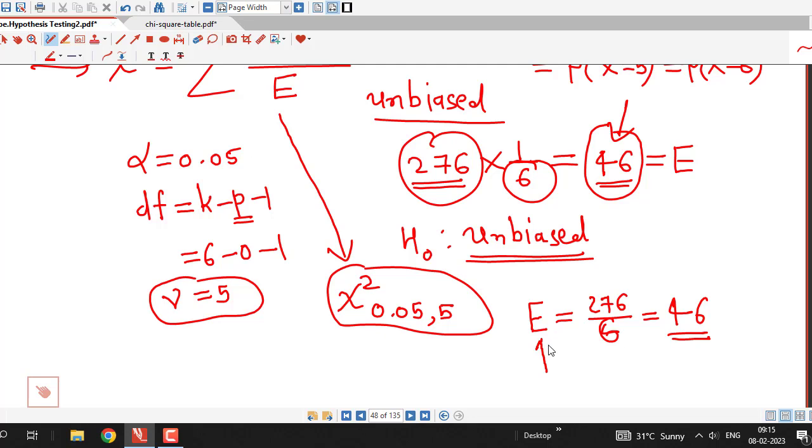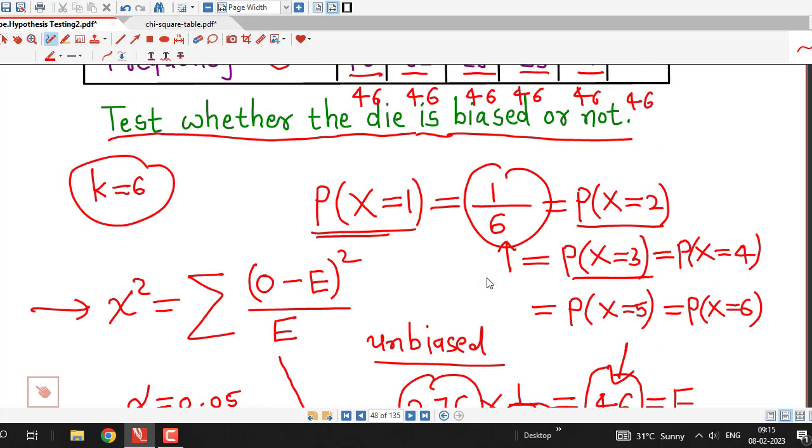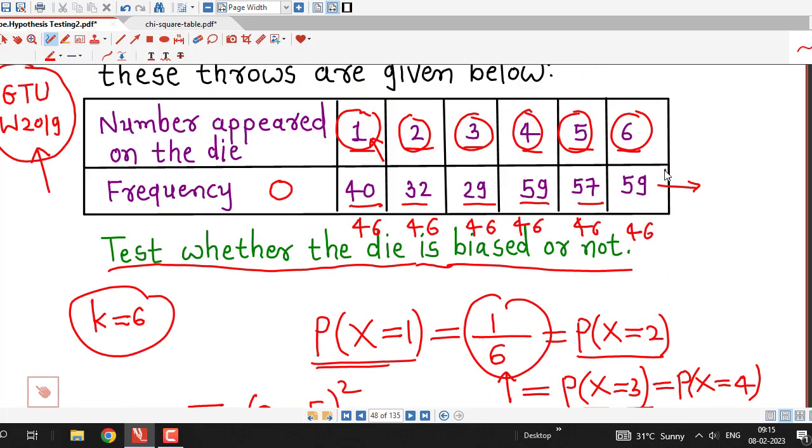So these are the frequencies if the null hypothesis is correct, and we have these observed frequencies. They are considering 276 throws of a dice, and they obtain these observed frequencies.